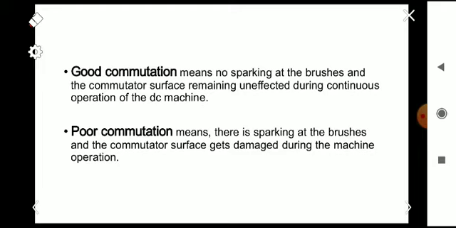If the commutating coil is not short circuited at the correct instant, there is a possibility of sparking, which will damage the commutator assembly and the machine. The period during which the coil remains short circuited is called the commutation period.